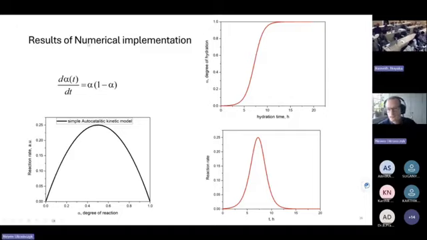This is the kinetics. And if you want to go from the degree of reaction to predict in time, you have to solve this ordinary differential equation.